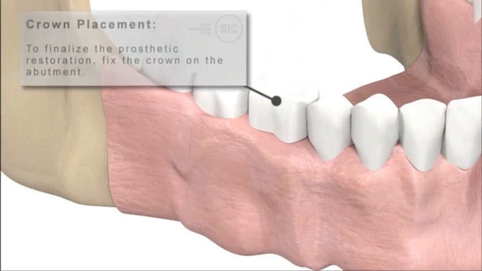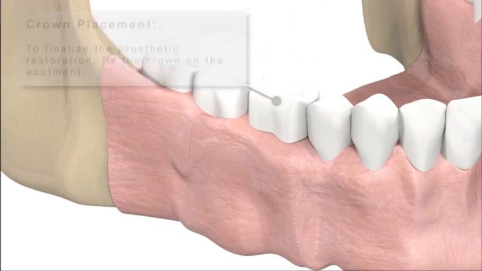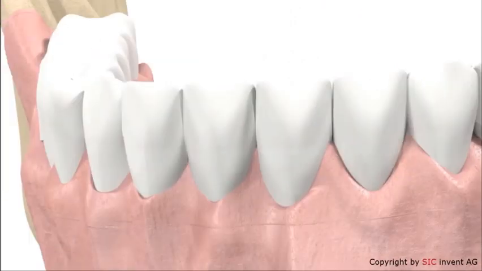Then replace it with the gingival former again until you end up with the lateral steps of the abutment and the definitive restoration.